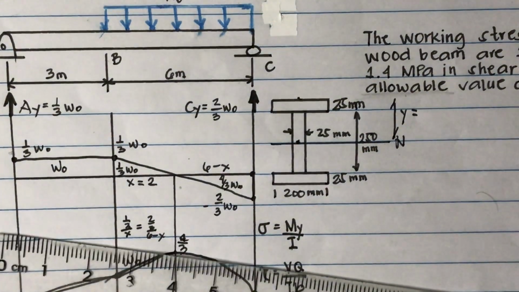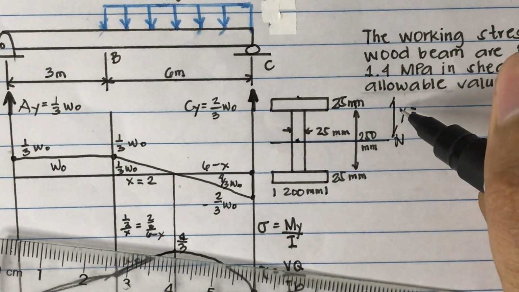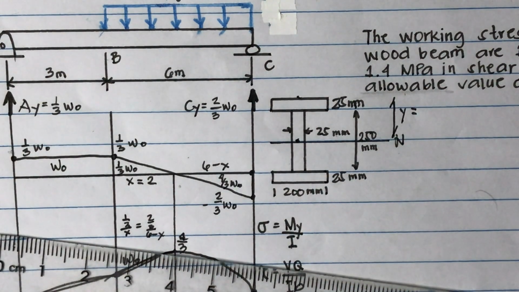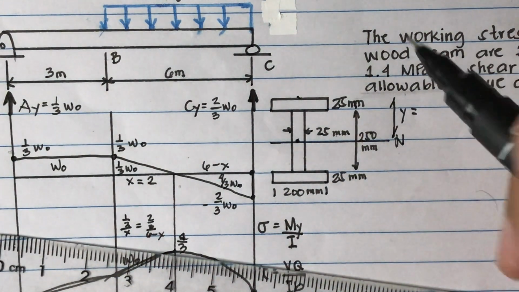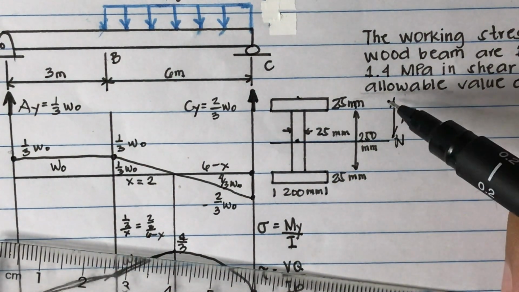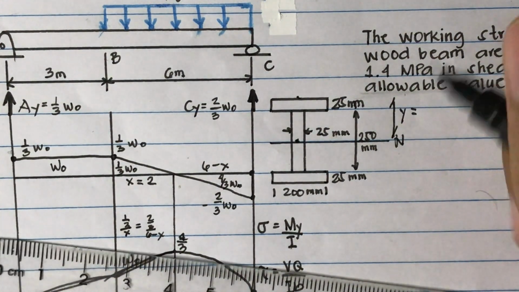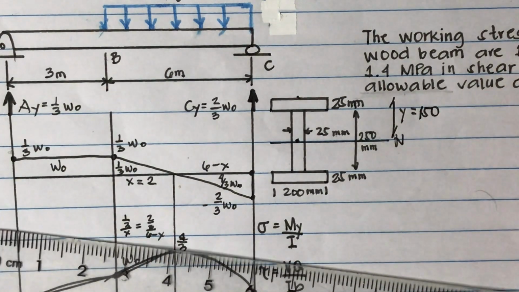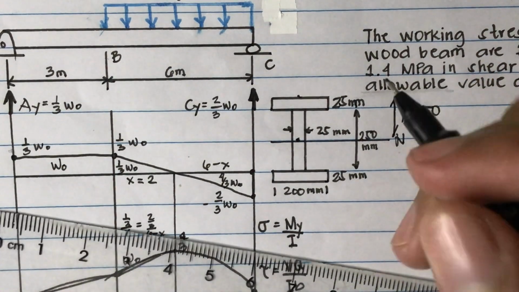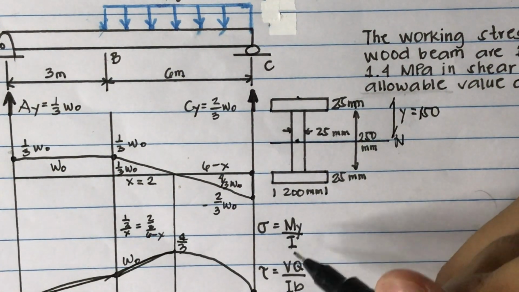So naratong y is from the neutral axis to the fiber, so we have y nga 150. So nanati y.